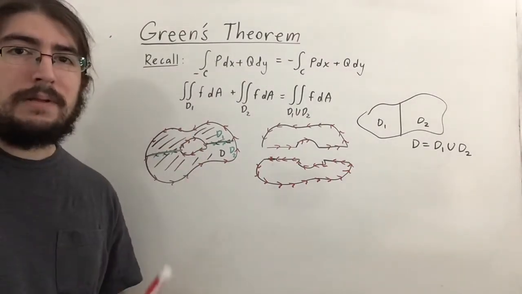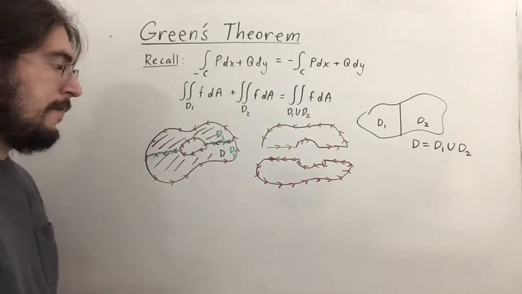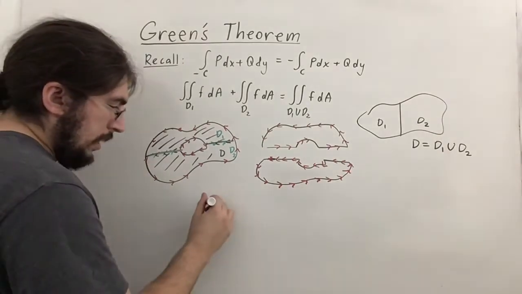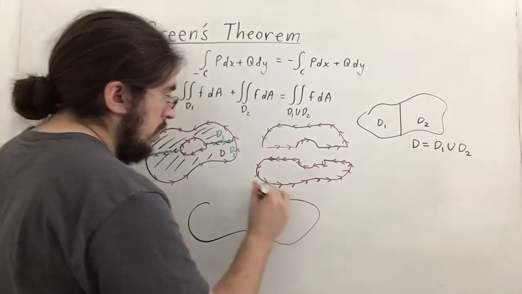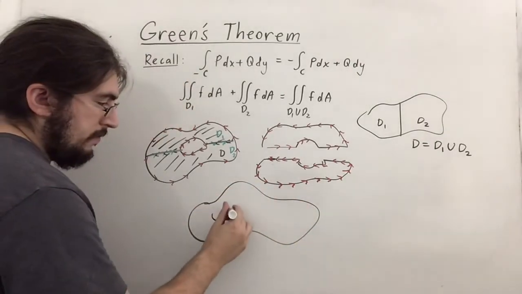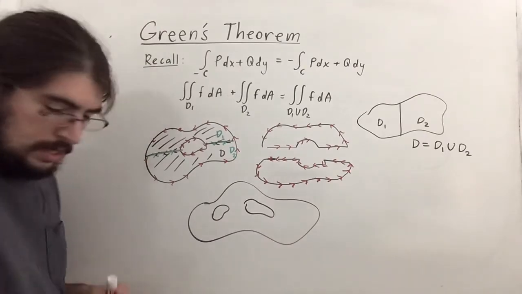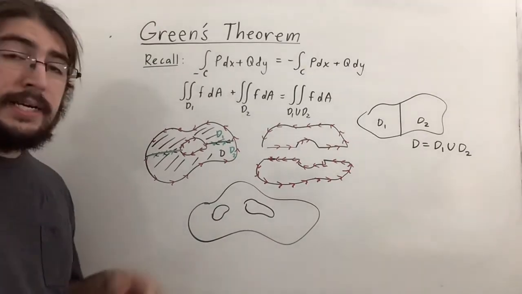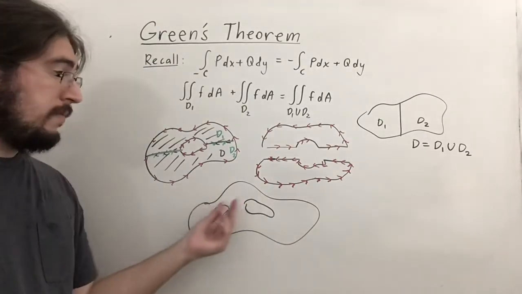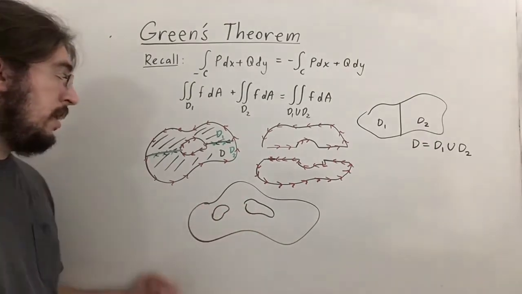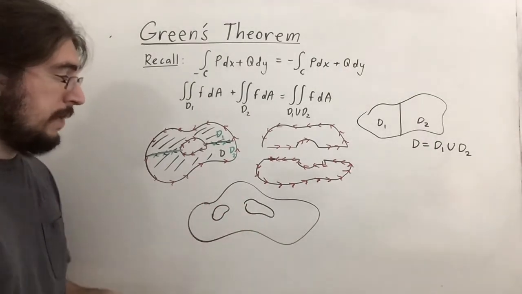We'll do an example, so I know you're probably anticipating that. But now let me just describe what it would look like if there is more than one hole. So let's say we have two holes. Now let's imagine making this incision, and let's see if it's true that the insides both have to be orientated negatively.